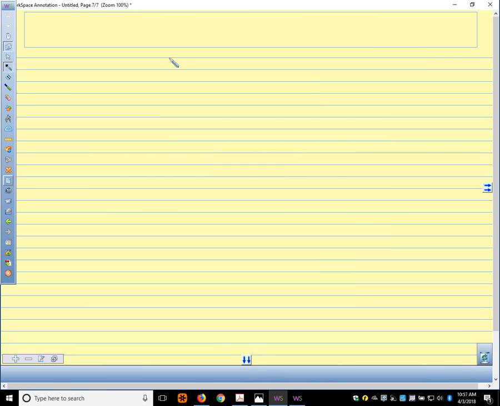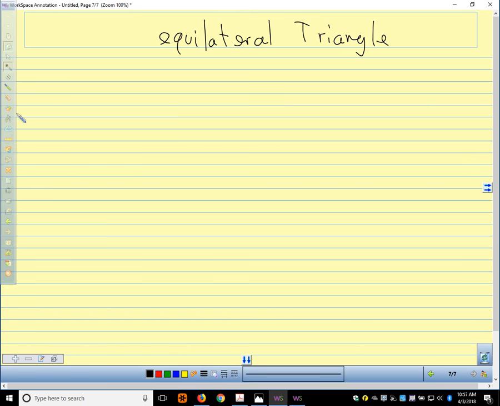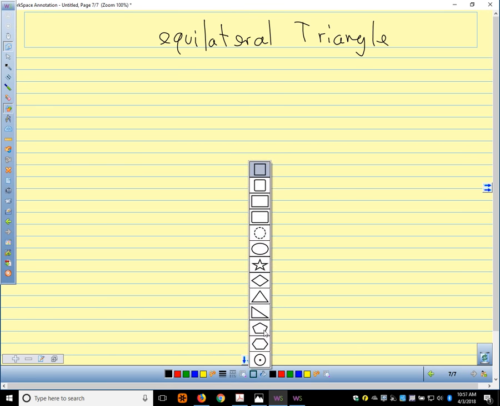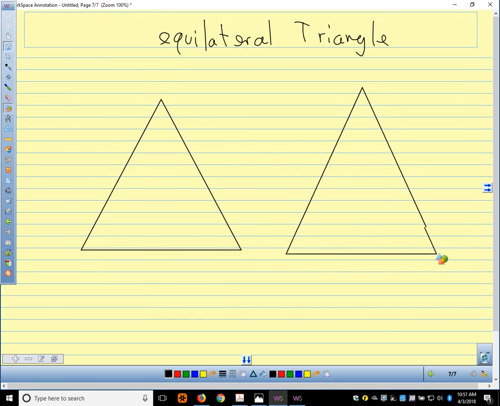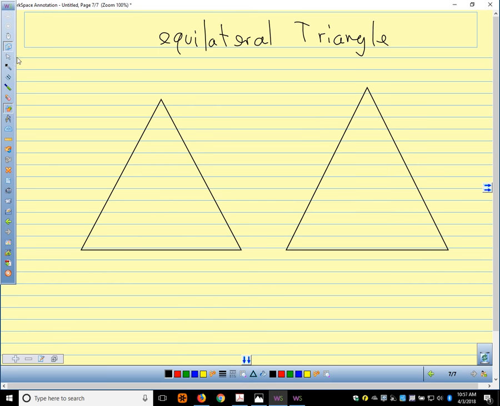All right, the next one, an equilateral triangle. I'm going to draw two equilateral triangles. And we know for equilateral triangles, what are all the angles in an equilateral triangle?